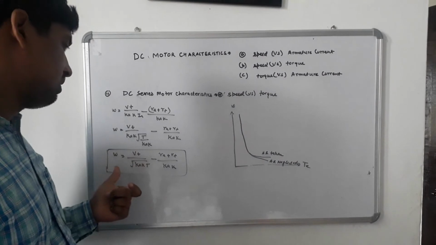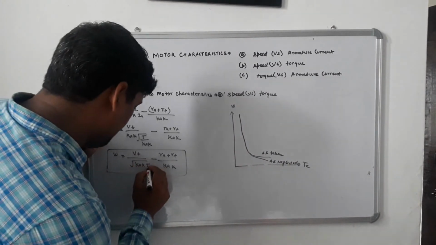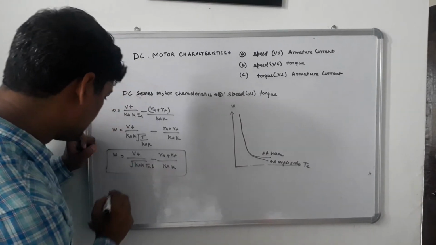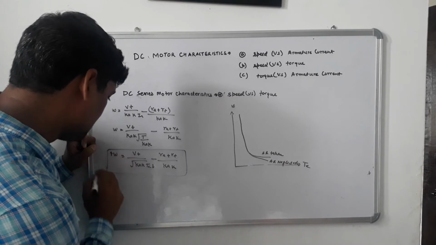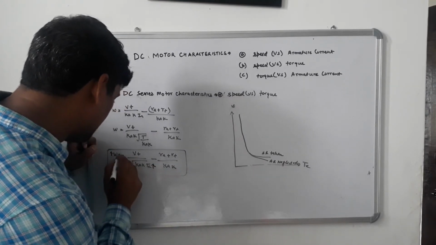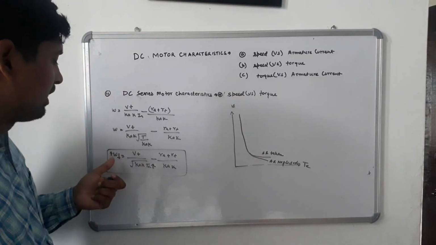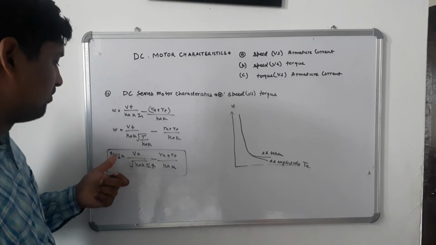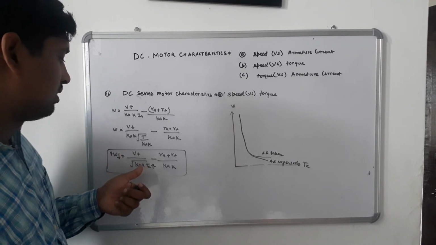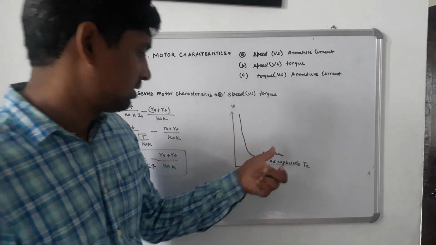From this equation you can see if the value of T decreases then omega will increase. If T increases then omega decreases. That means omega is inversely proportional to the square root of T. This is shown in this figure.